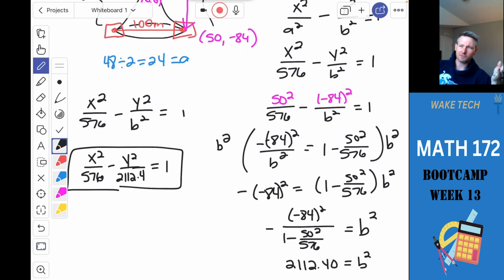But if you're ever stuck with finding an equation, if you don't have enough information to directly find h, k, a, and b, like we had for the ellipse, see if you can identify another point on the conic section, and maybe that'll help, like we did here.